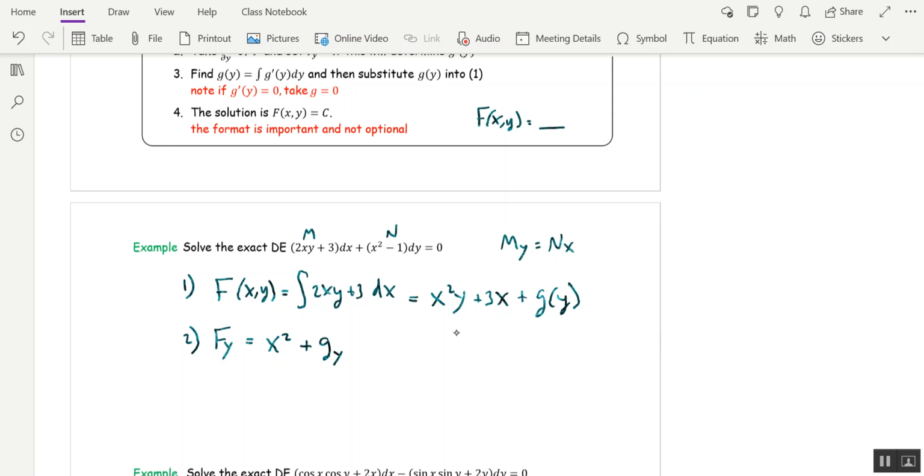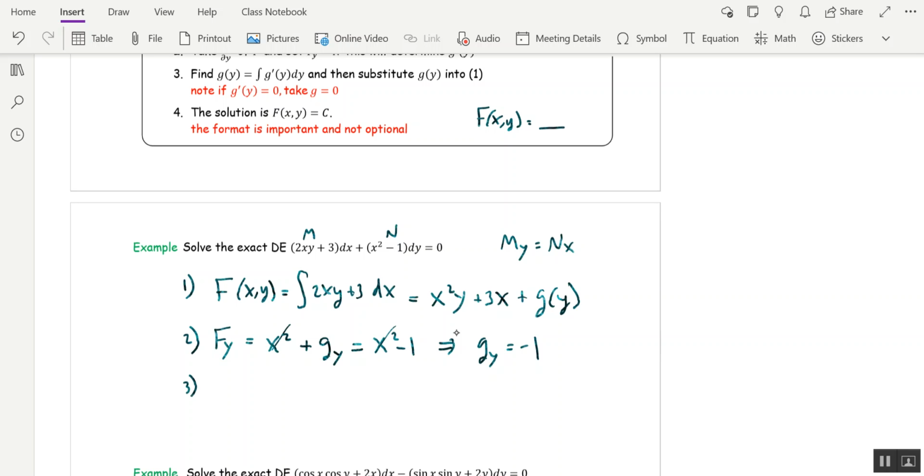So step two is 2 steps. You take f sub y, and then you set it equal to N. So here's N, x squared minus 1. So there'll always be some matchup. The x squared and the x squared cancel, and that tells me that g sub y is negative 1. So step 2 will determine the partial of g with respect to y.